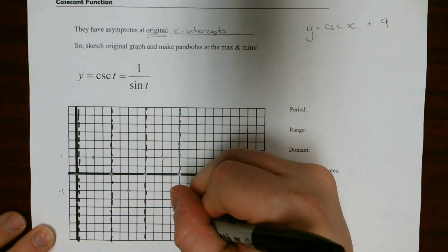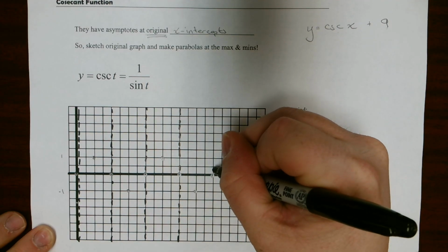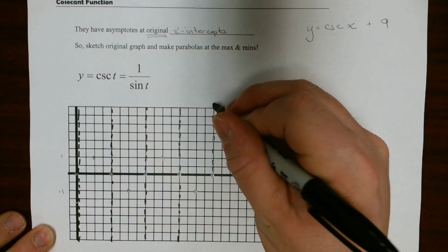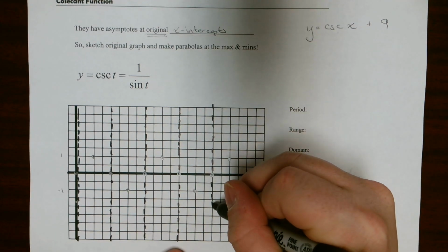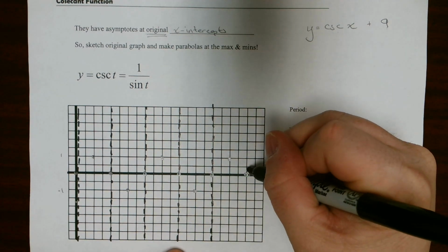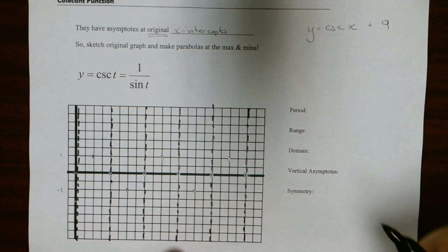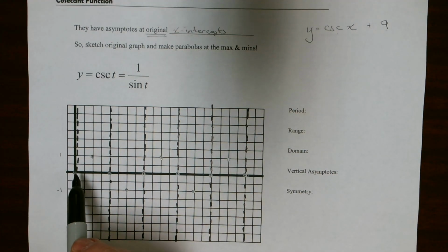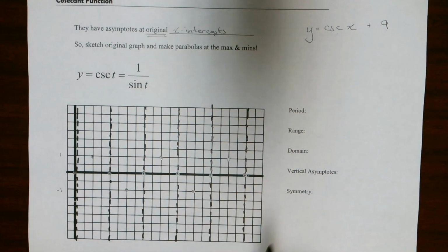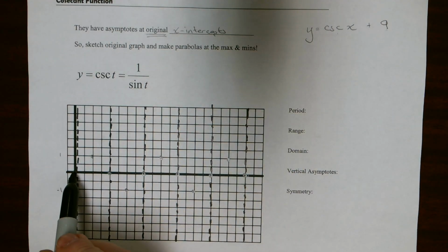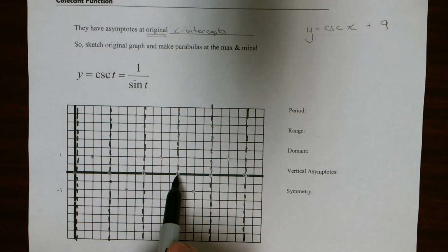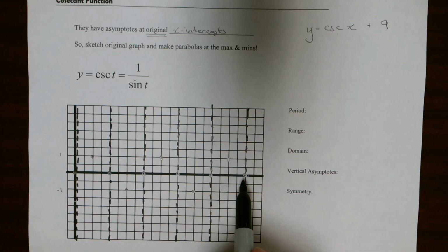Go ahead and draw these. It's important to note, while we're doing this, that these are where the original x-intercepts are. So like I talked about earlier, if I was taking my sine graph and moving it up, I would still use wherever these midpoints are because these are the original x-intercepts.